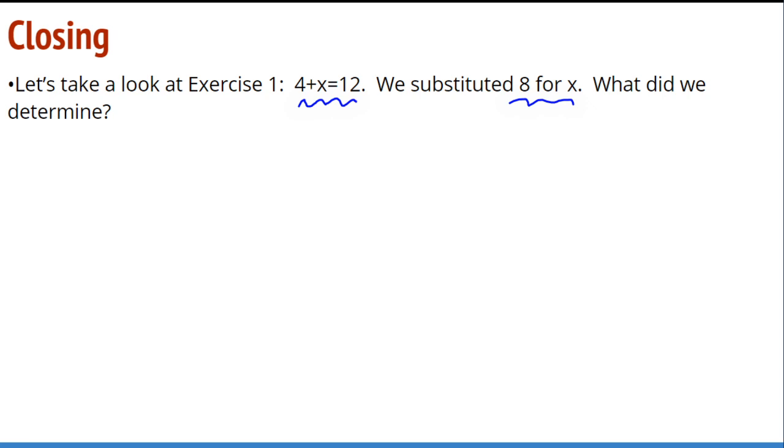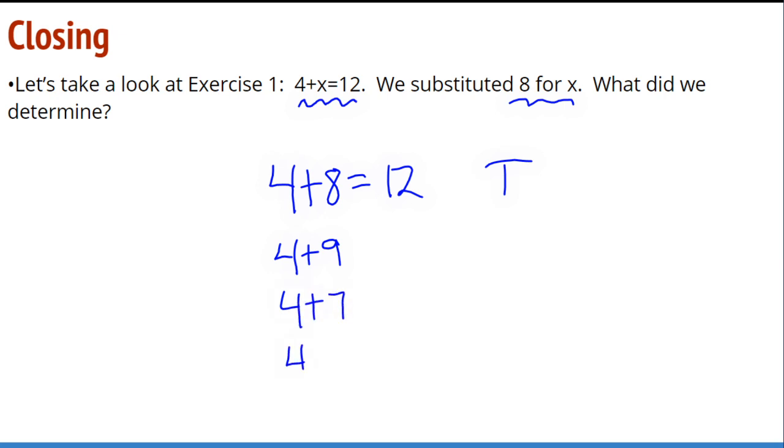We figured out that when we substituted in the 8, 4 plus 8, we found that the number sentence was true. And when we tried to substitute in some numbers to make it false, we found that if we picked anything other than 8, if I could do a 4 plus 9, or a 4 plus 7, or a 4 plus 8 and 1/10, in each of these situations, it would be false.